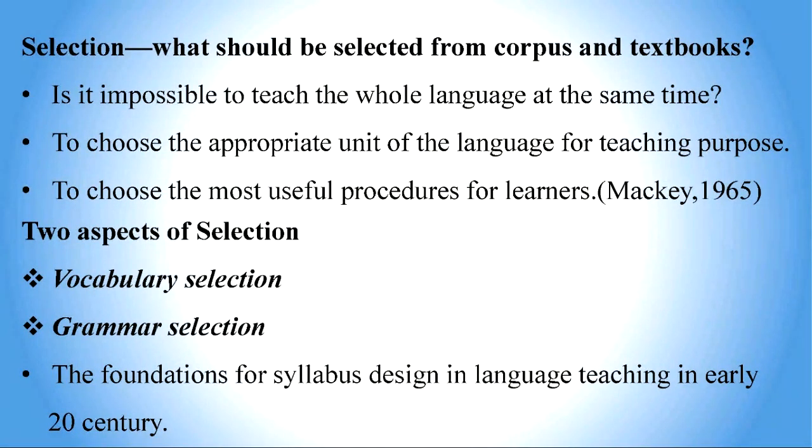What is the purpose of our teaching? Do we need to focus on listening, speaking, or writing? And what are the beneficial, useful procedures for learners? We try different methods and think about what is the most useful procedure or process for the learner to learn.